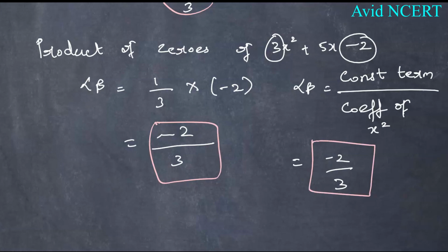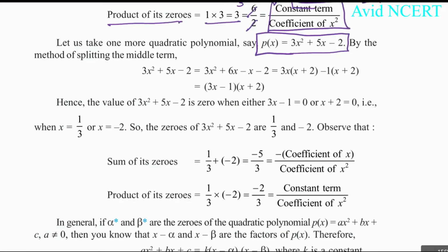This is what is explained here. First, for this problem, we have to find the factors. The factors are x equals 1 by 3 and x equals minus 2. Then we find the sum of its zeros, which is minus 5 by 3, the same as with the formula minus coefficient of x divided by coefficient of x square.